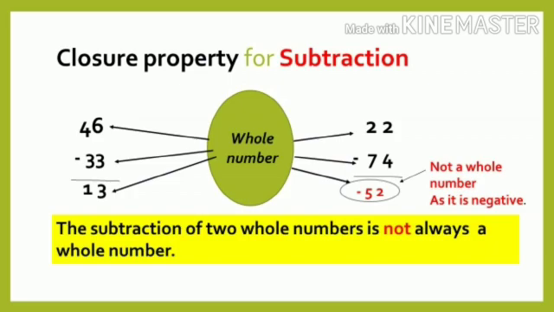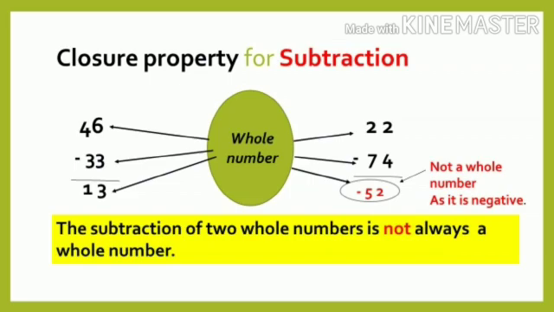After addition, now the closure property for subtraction. Here we will take two numbers, 46 and 33. When we subtract these numbers, we get the answer 13. You can see that 46 and 33 both are whole numbers, and the result is 13, which is also a whole number.